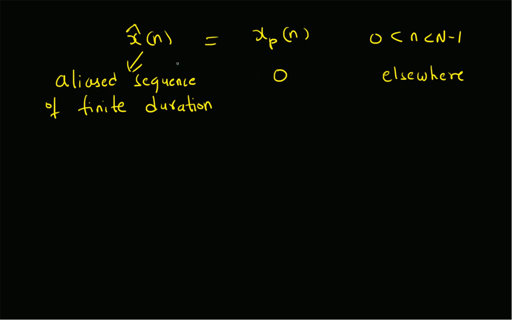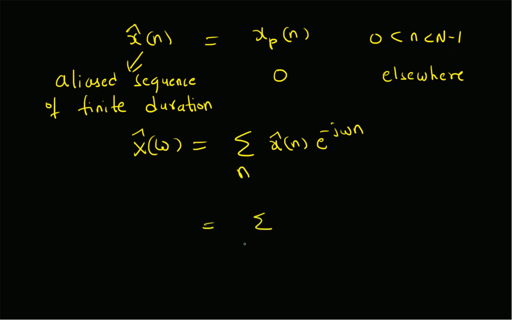Now let us look at the Fourier transform of x hat of n. That is, x hat of omega is given by the summation for all values of n of x hat of n e power minus j omega n. And since x hat of n is 0 outside the interval 0 to N minus 1, the summation can be restricted to 0 to N minus 1, and x hat of n can be replaced by a power n by 1 minus a power capital N, e power minus j omega n.